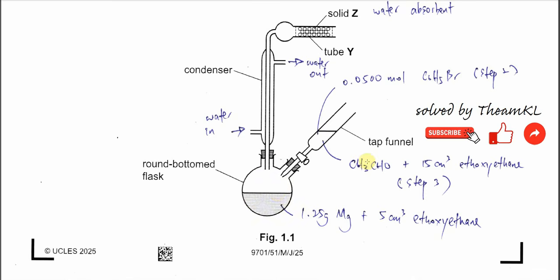So for step 2, to produce the Grignard reagent, 0.05 moles goes into the flask through this tap funnel. Then let the reaction happen and form the reagent.